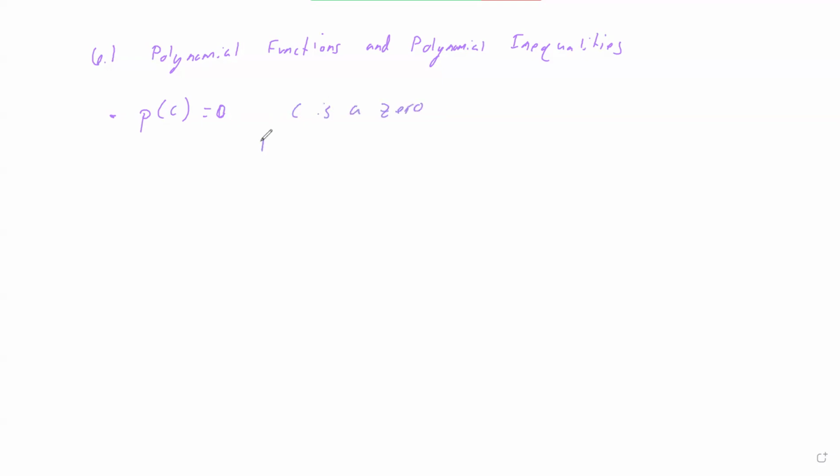And therefore, one of the factors for that polynomial function would be x minus c. So if P of c equals 0, c then is a 0, and a factor of that polynomial function is x minus c.